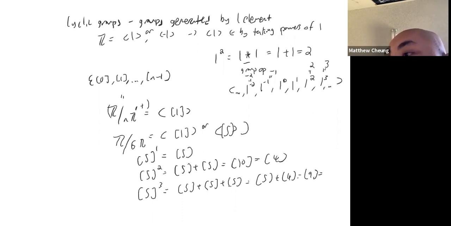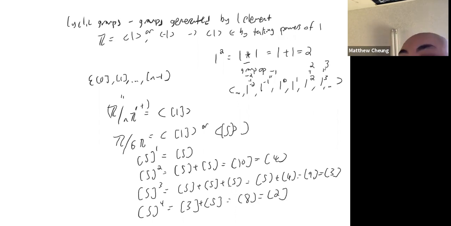So 5 plus 5 plus 5 is 9, and 9 mod 6 is 3. Hopefully you can see 5 to the 4th is just 3 plus 5, because 5 cubed is 3. That's 8, which is 2. Then 5 to the 5th is 2 plus 5, that's 7, which is 1.